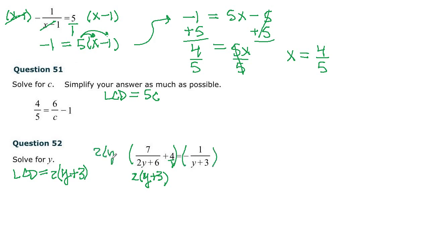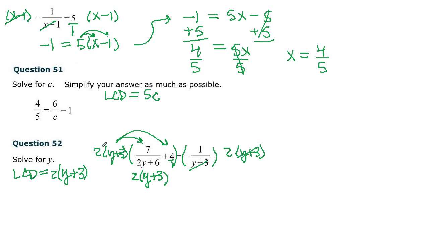2 times y plus 3 times that, and then also times the 4, and then 2 times y plus 3 on the right. So on the right-hand side, the y plus 3's cancel.